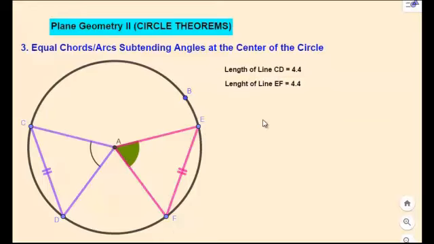This is because the chords are the same, or they are equal. When the chords are equal, then these angles would be equal, which means that if angle CAD is 50 degrees, then angle EAF would also be 50 degrees.